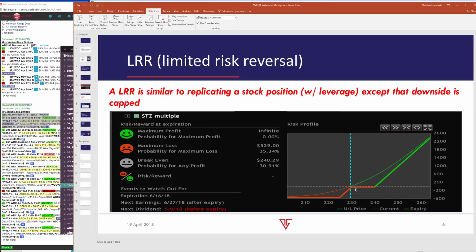And from the upper strike of the short put spread to the strike on your call side, you're basically flat. Here is where you really start to make money. What's really nice about this strategy is that from 230 to 240, nothing really happens.